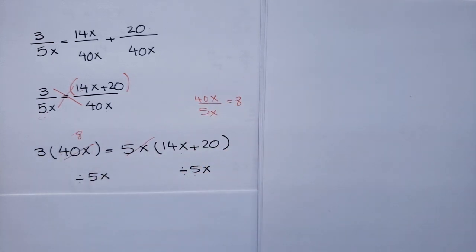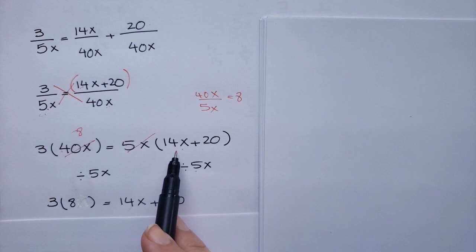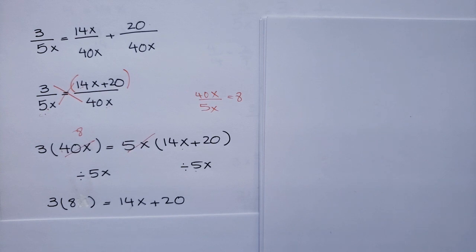Okay, so what is left here? It's 8. Turns into 3 multiplied by 8, and on this side I will be left with 14x plus 20. As you can see, now it's very simple. Instead of having a quadratic and solving a quadratic equation, I just reduced everything to a linear one.